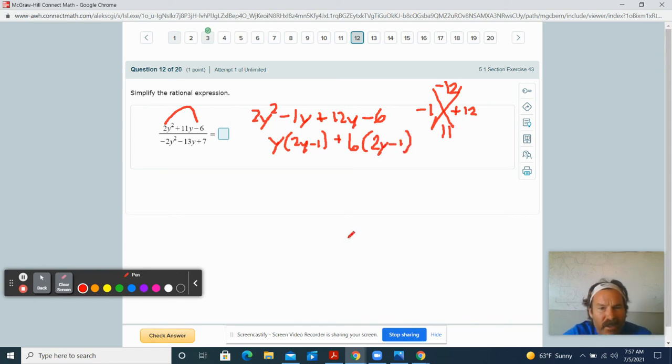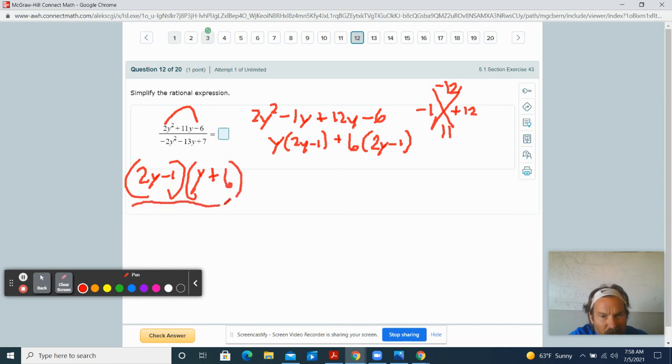Remember, in order for factoring by grouping to work, you have to have the same factor in each. So the top of this rational expression is 2y minus 1 times y plus 6. That's what the top factors to.